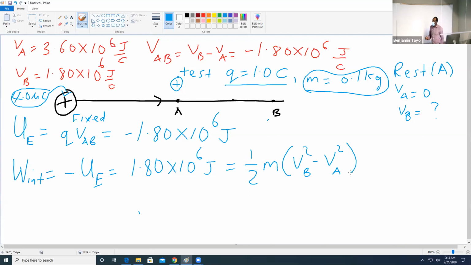Just so that we don't confuse this with the potential difference, for velocity here I'm using lowercase v.